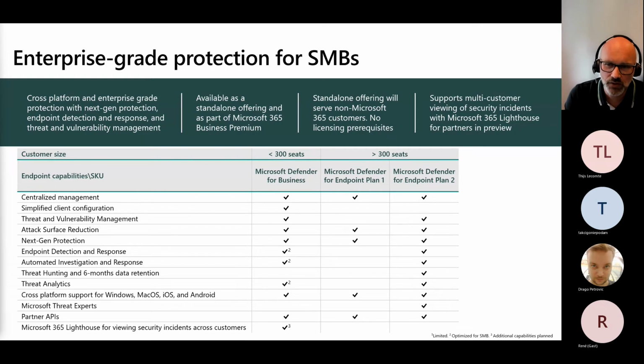What we basically don't get is specific threat hunting and access to the threat experts from Microsoft. But besides this, we more or less get the same feature set as Plan 2. There are some of the features which are marked with a little paragraph here, which is a limited feature set in comparison to maybe automated response and remediation as that is part of Plan 2. But you still get some of the features as part of the Defender for Business.